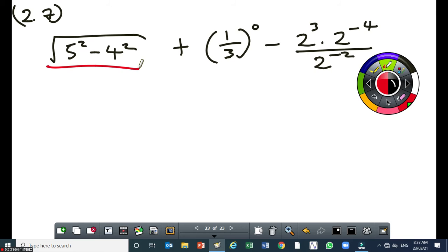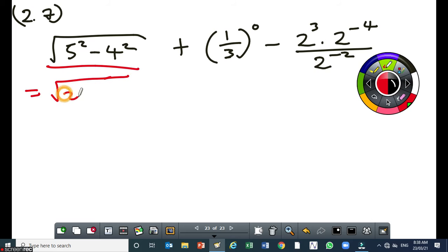No. The difference is inside the square root. So find the difference first. 5 squared is 25. 4 squared is 16.